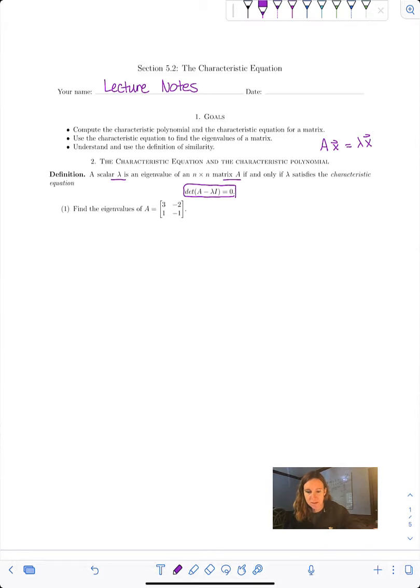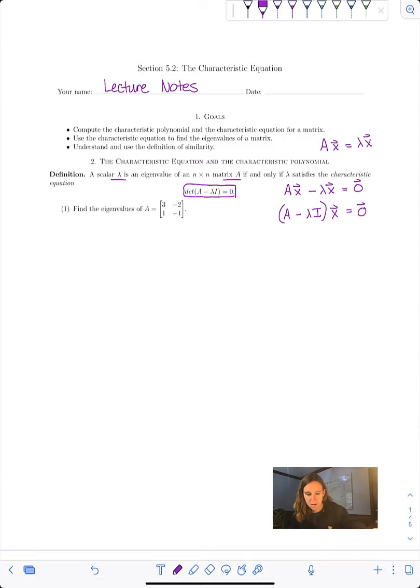If we start with our AX equals lambda X and we subtract out that lambda X, and if you remember last time, we kind of snuck in an identity matrix times that lambda, then we're left with the equation A minus lambda I times X equals 0.